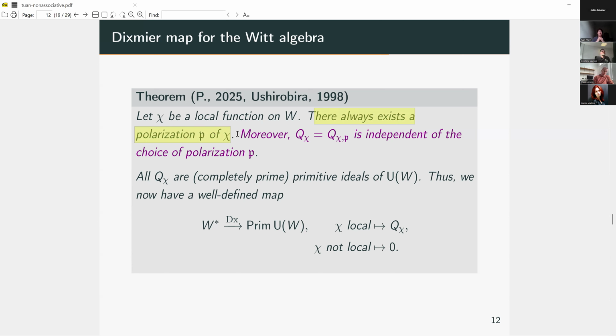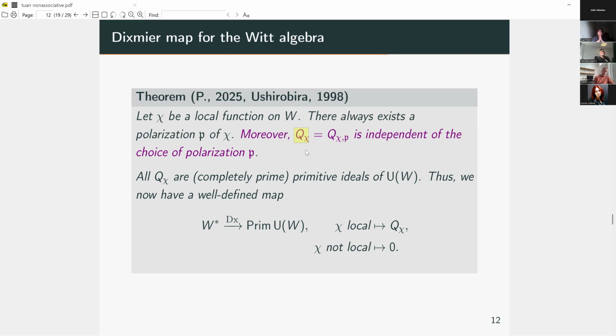And moreover, there are a lot of them. But thankfully, the ideal Q chi, the annihilator of the module, is independent of the choice of the polarization P. So from now on, I can drop the dependence on P and just call it Q chi.